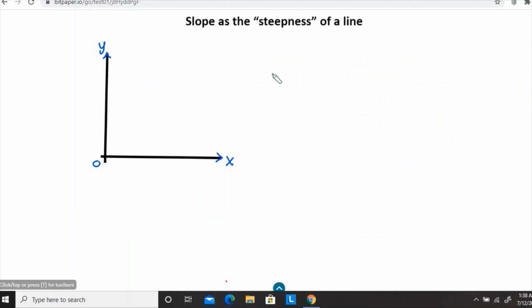Let's consider three linear equations. I will take y equals x, then y equals 2x and y equals 4x.